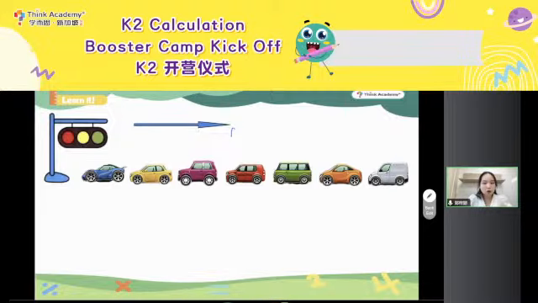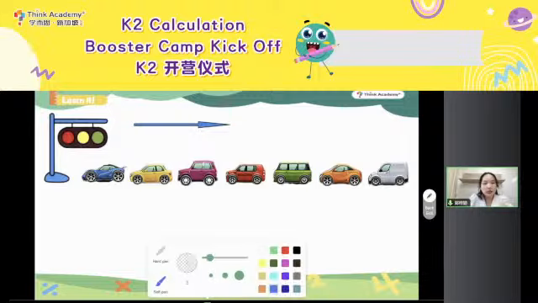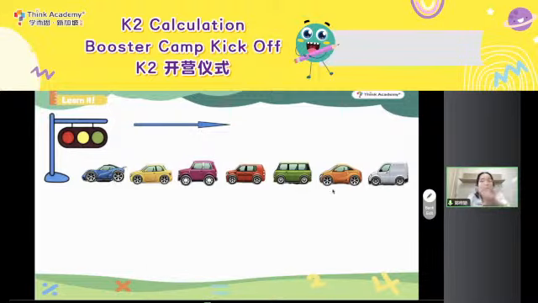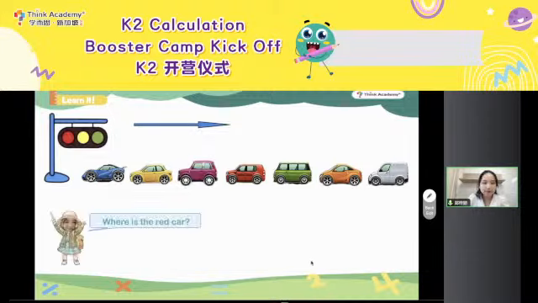Oh, so we have all these cars, and you can see all these cars are waiting for the green light. Where is that car? Starting from left to right, how can you tell the exact position of a red car? Use the ordinal number to tell the position of the red car, right?